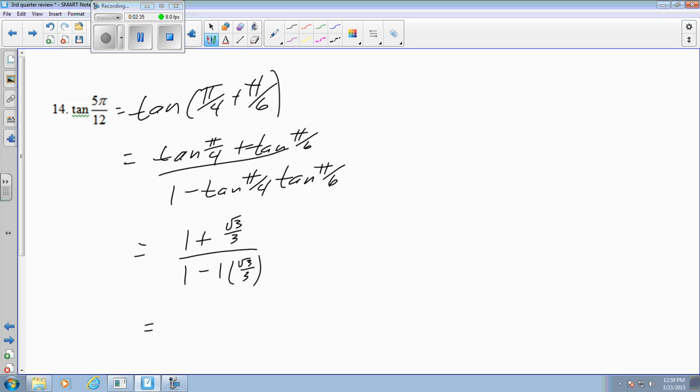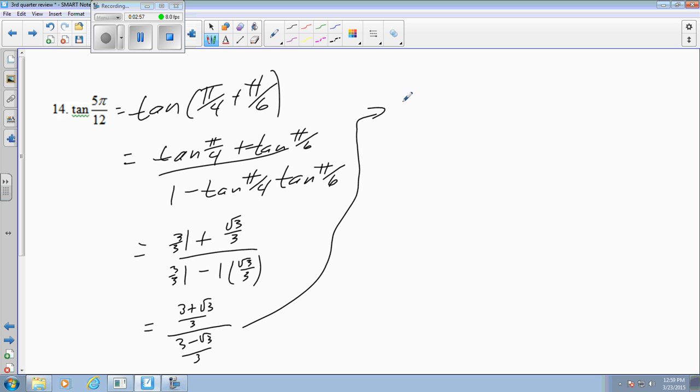Simplifying, I'm going to make 1 into 3/3 there, make 1 into 3/3 there, so I get 3 plus the square root of 3 all over 3, divided by 3 minus the square root of 3 all over 3.